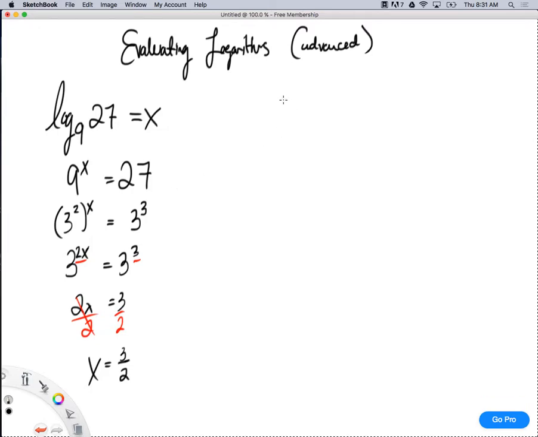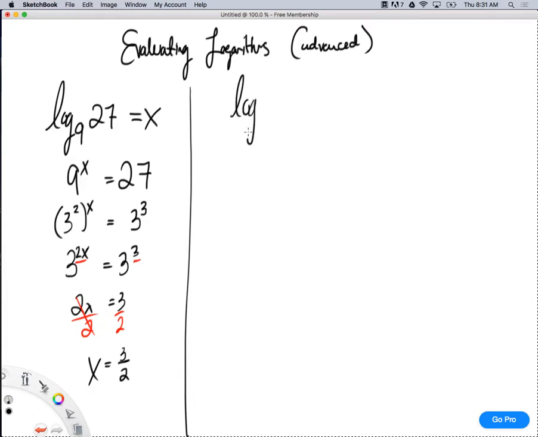Okay. Another example. Log base 4 of 1 over 8, let's say. Well, 8 is not a power of 4.